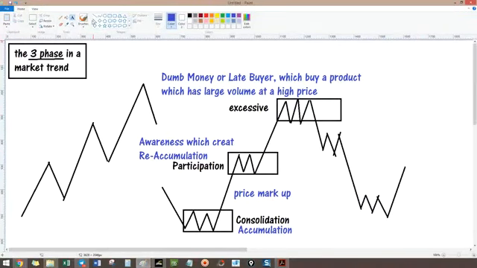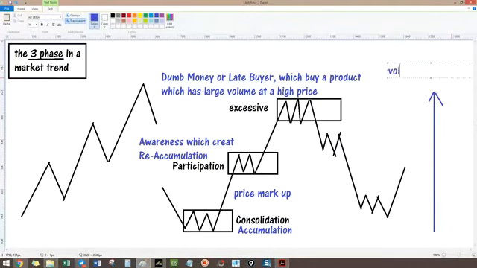Okay, so over here, if you notice to the side, this arrow shows volume increase with price.